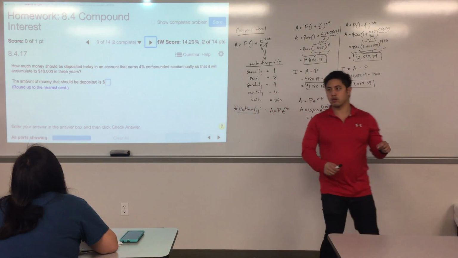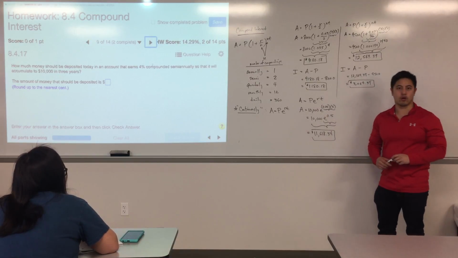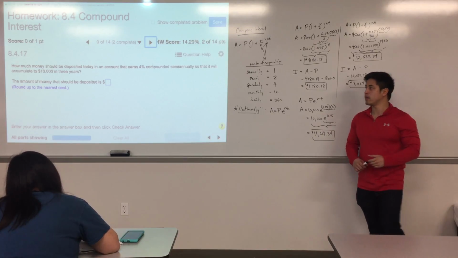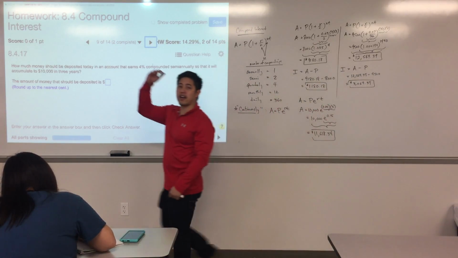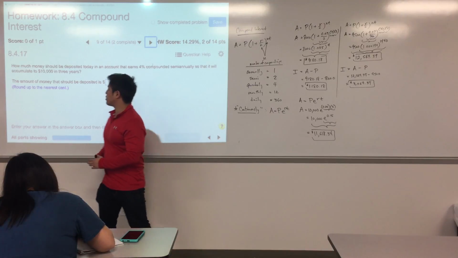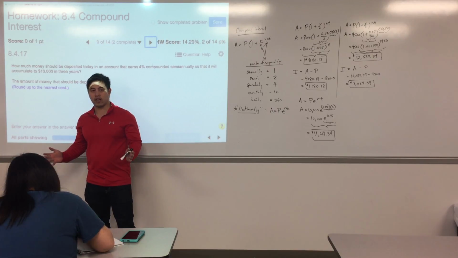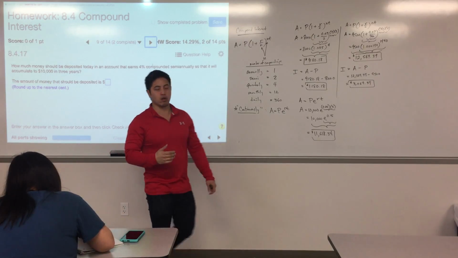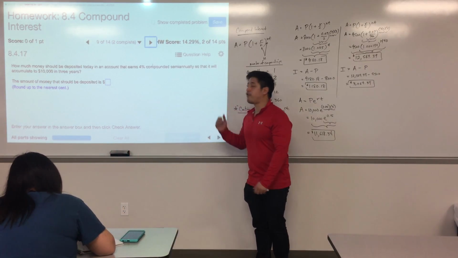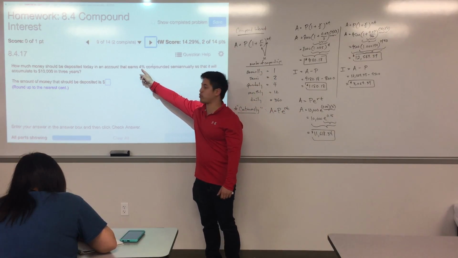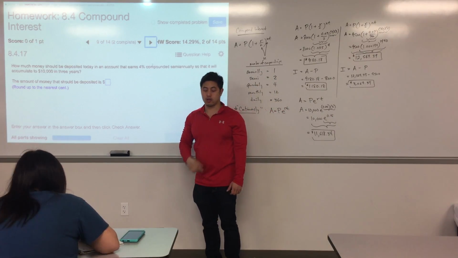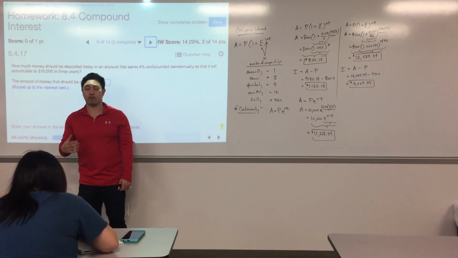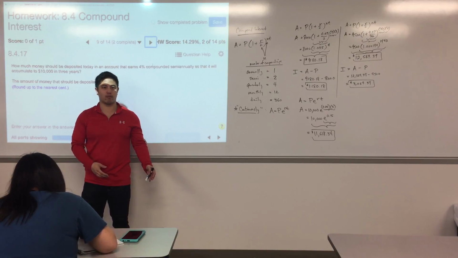No. We're looking for present value, also known as principal. You have a financial goal: $10,000 in 3 years. You found an account that will pay you 4% semi-annually. So if I want to have $10,000 in 3 years, how much do I have to put in now? We ask that all the time.